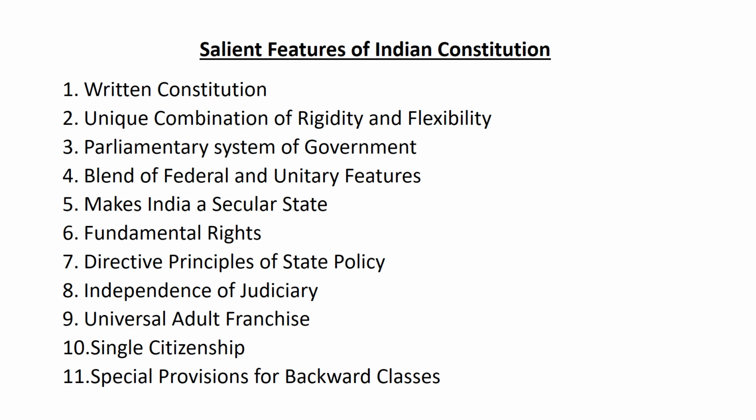So, the Indian Constitution is a unique example of a combination of rigidity and flexibility. A constitution may be called rigid or flexible on the basis of its amending procedures. The Indian Constitution provides for three types of amendments, ranging from simple to most difficult procedures, depending on the nature of the amendment.